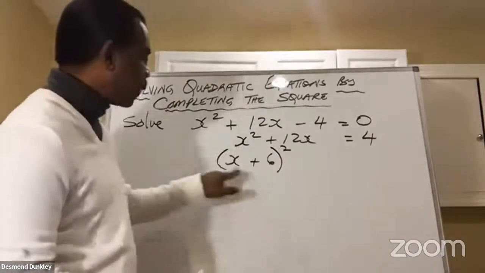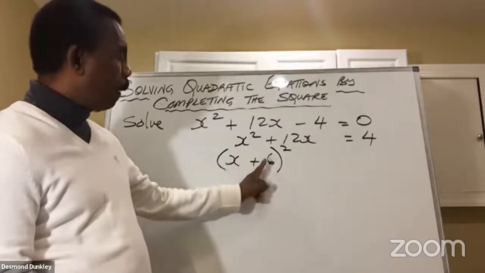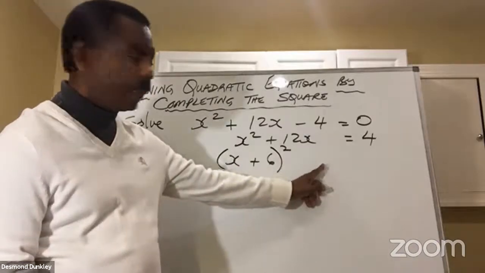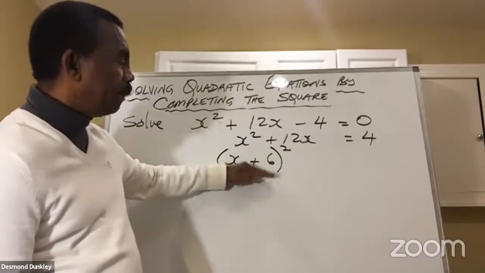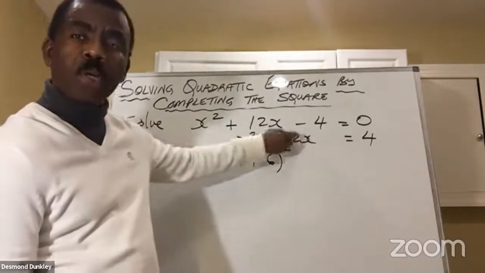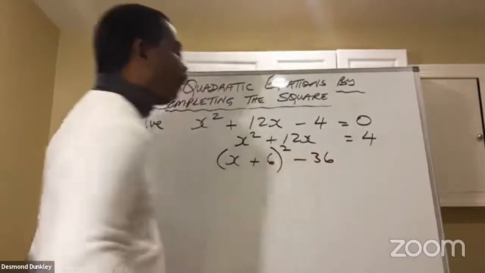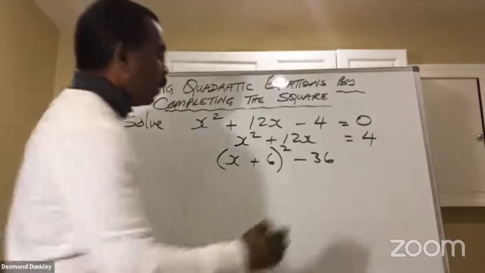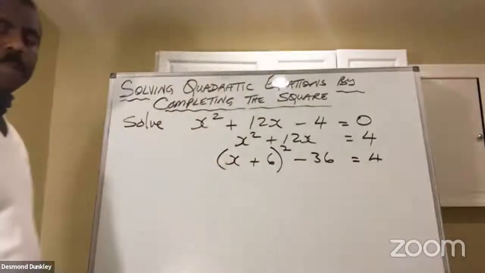But when you square this, you're going to get x squared plus 12x plus 36. There is no 36 here. So to make this statement equal to these two terms, you have to cancel that. You have to subtract 36. And of course, on the right side, you do have your 4.